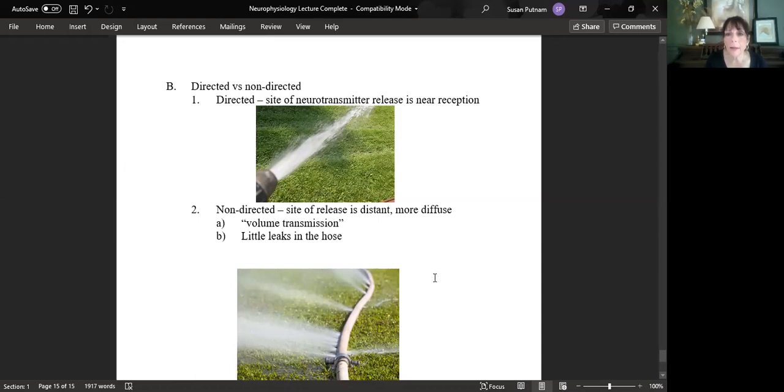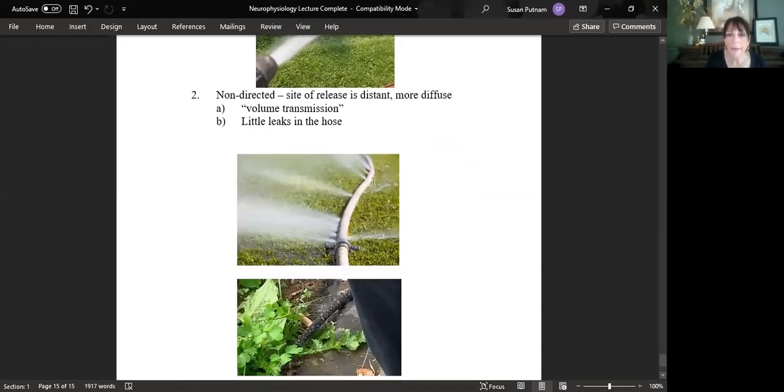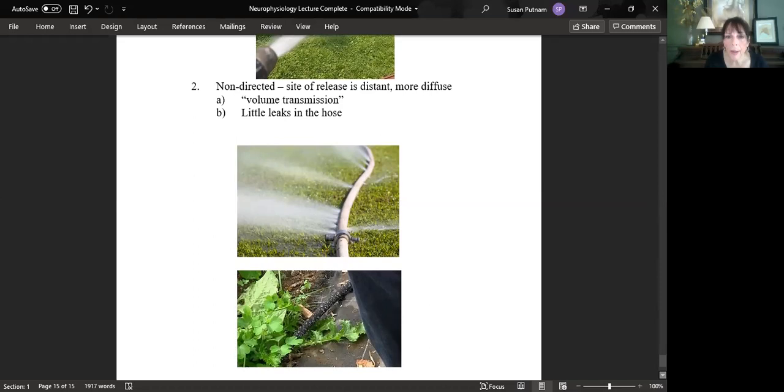It's kind of like little leaks in a hose. I actually found some pictures to demonstrate that in a couple of ways. So pretend this is an axon and these are neurotransmitter molecules being released. Here's another one, a handy way to see it with water sometimes.